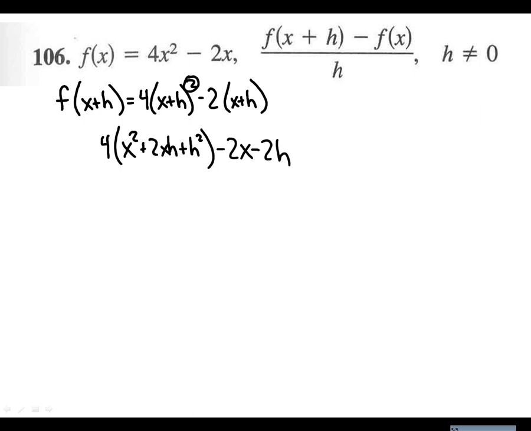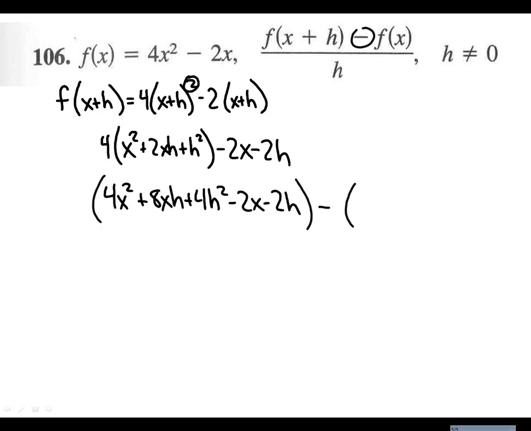I'm going to distribute the 4 here, so we'll have 4x squared plus 8xh plus 4h squared minus 2x minus 2h. And let's go ahead and subtract, so this is part 1, minus f of x, which we already know is this, so we're going to drop it right in.